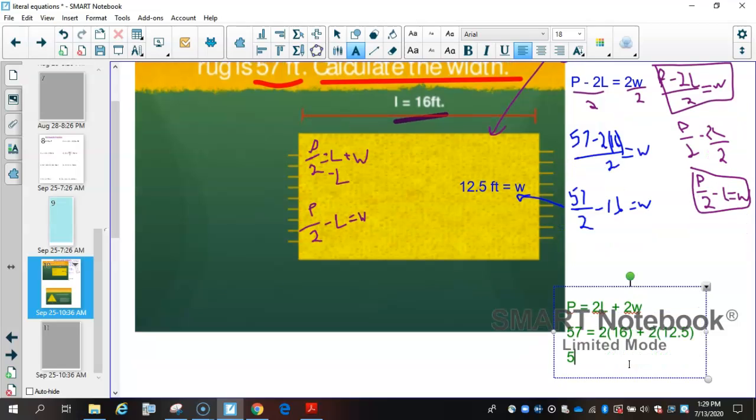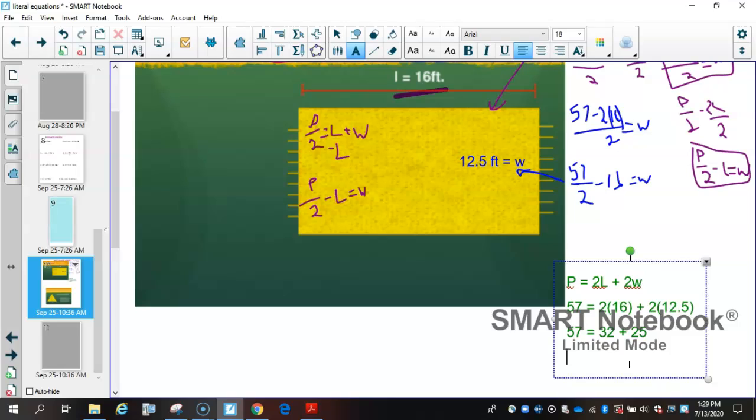So let's see. 57 equals, well, 2 times 16 is 32. 2 times 12.5 is 25. And 32 plus 25 does, in fact, equal 57. So this is correct.